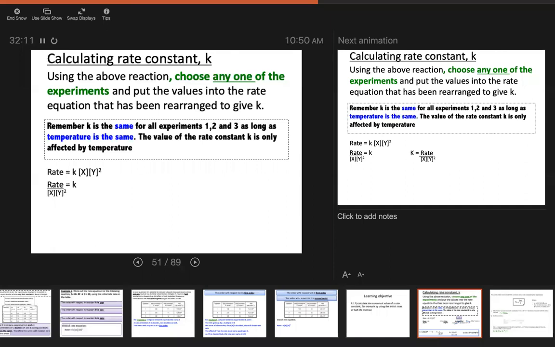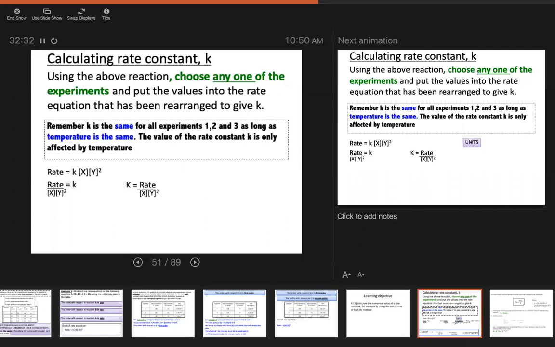Make sure if you use the rate of experiment 1, the other concentrations must be from experiment 1 as well. Okay, do not mix them up. Don't take the rate from experiment 1 and then the concentrations from experiment 2 or experiment 3. Please just stick to one experiment.